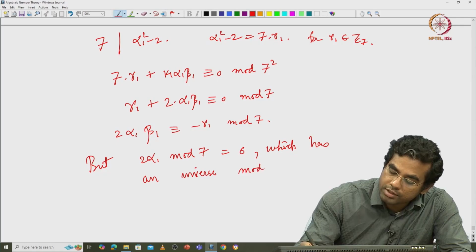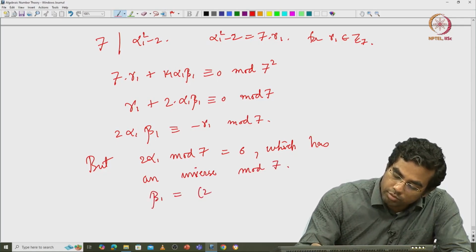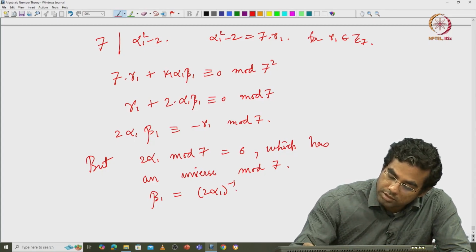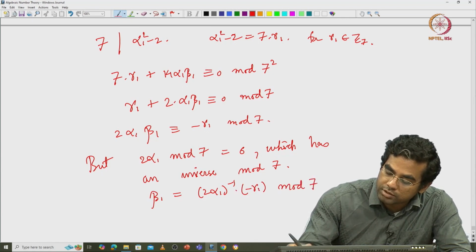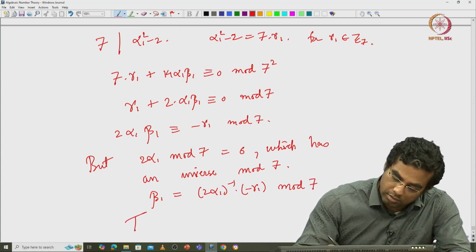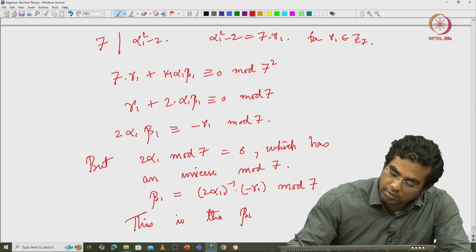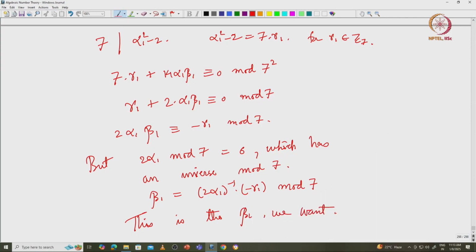So, I can take beta 1 to be 2 alpha 1 inverse times minus gamma 1 mod 7. So, this is the beta 1 we want. So, that is how you find alpha 2. That is just the first step.